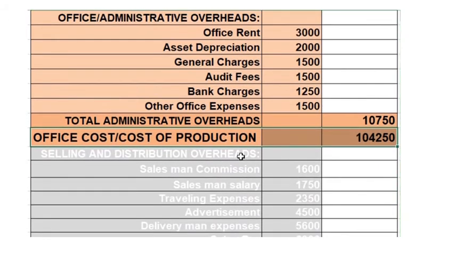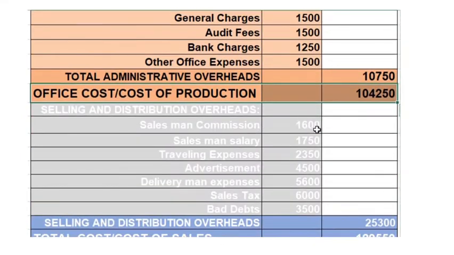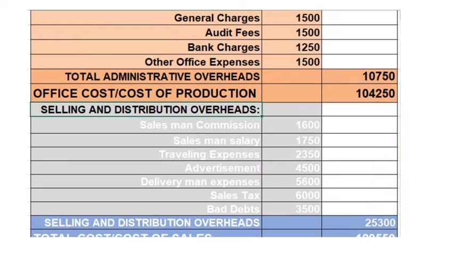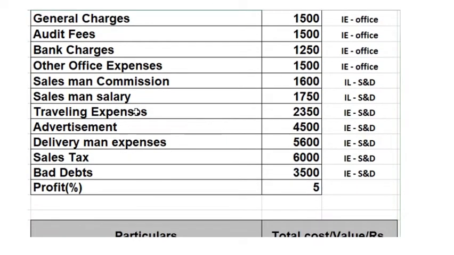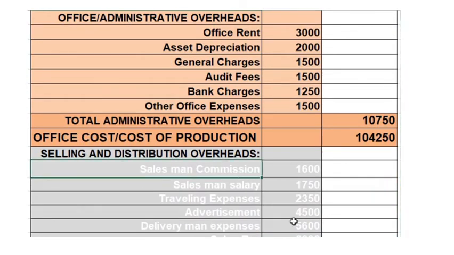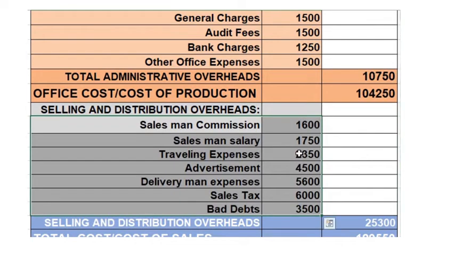So now after cost of production calculation, you do not have any adjustment for inventories here. So next we are going to selling and distribution overheads. What are those things? As we have already classified, we can just take this and put it here. So we have these things. Salesman commission, salesman salary, traveling expenses, advertisement, delivery man expenses, sales tax, bad debts.